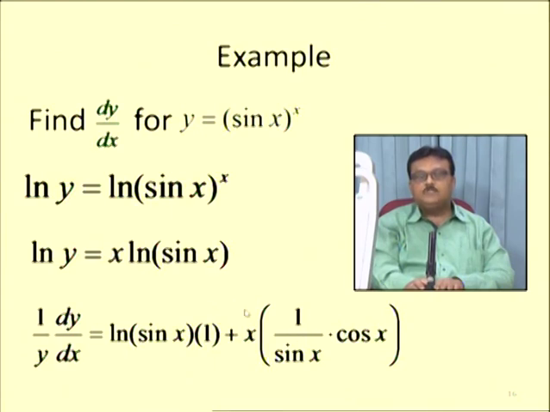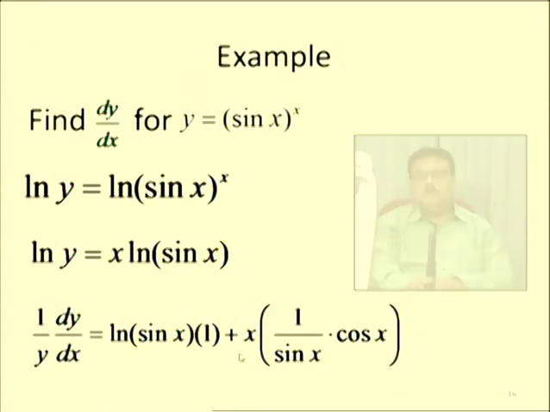So first we take derivative of log sin x as 1 upon sin x, because we know that derivative of log x is 1 upon x, and into derivative of sin x is cos x. So here we have used the chain rule in order to differentiate log sin x.